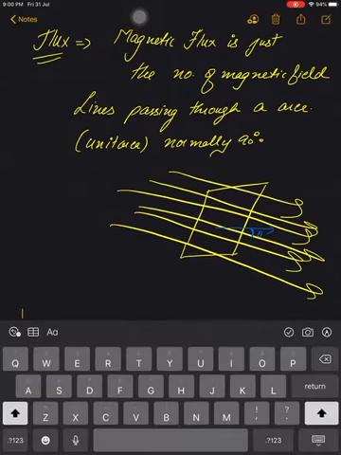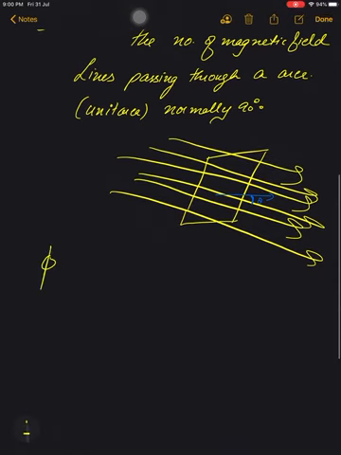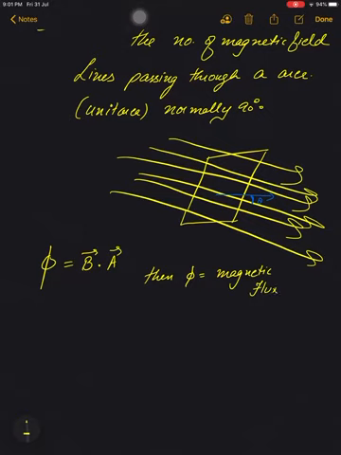So if we take phi is equal to B vector dot A vector, then phi will be equal to the magnetic flux, B will be taken as the magnetic field and A will be taken as the area under consideration.